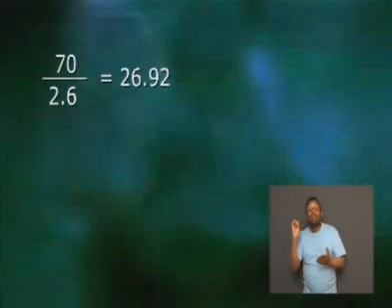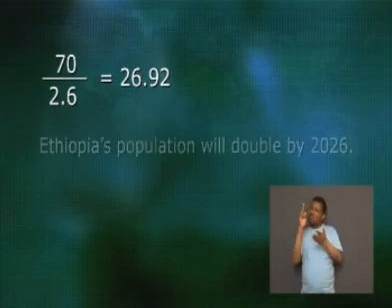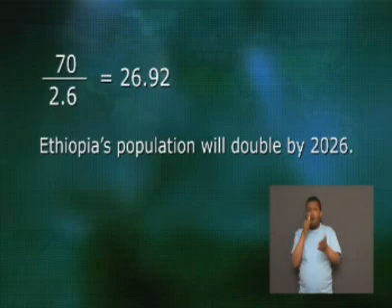70 divided by 2.6 equals 26.92, about 27. Therefore, Ethiopia's population is projected to double in about 27 years, or by 2036.